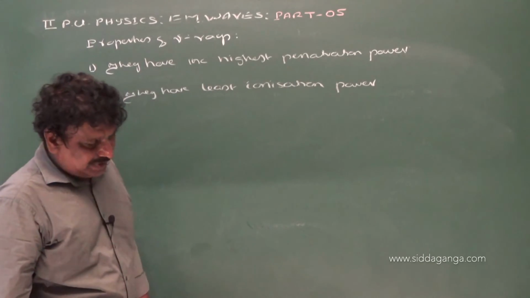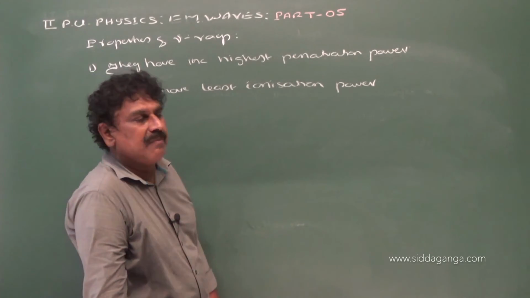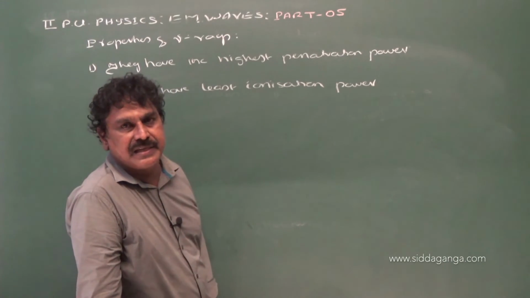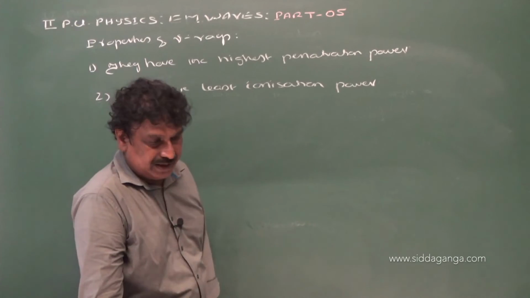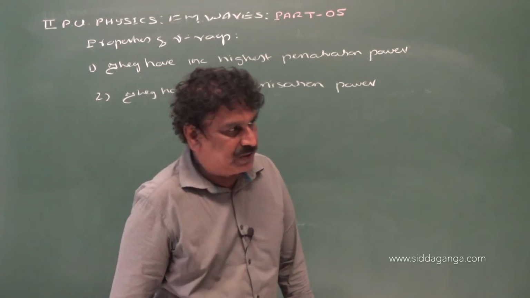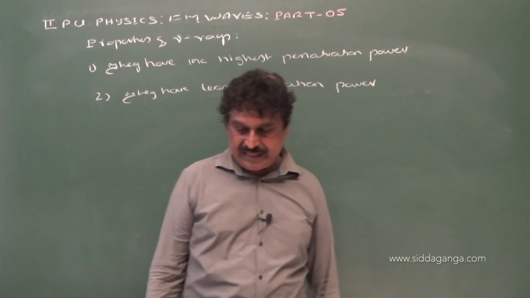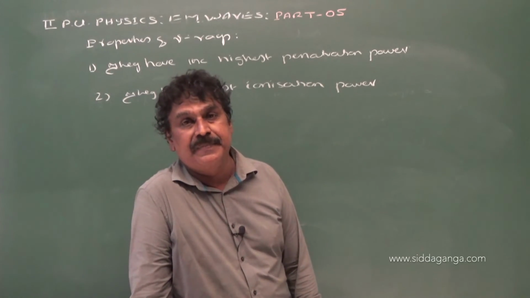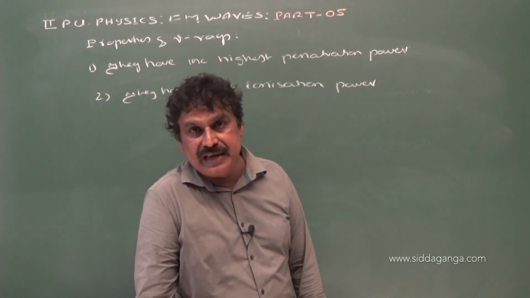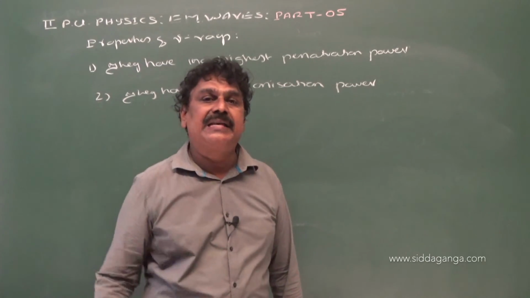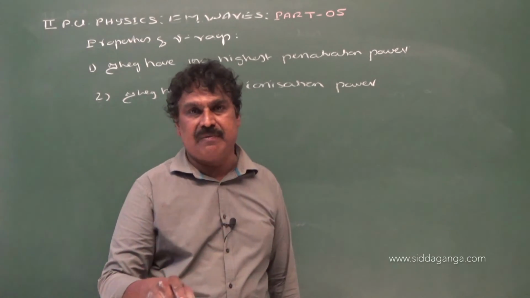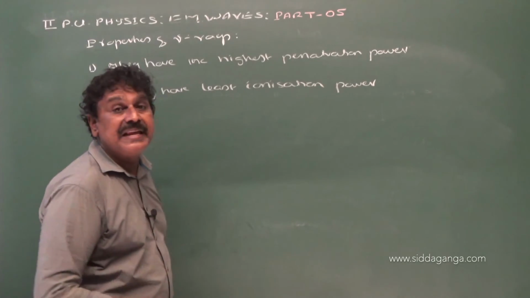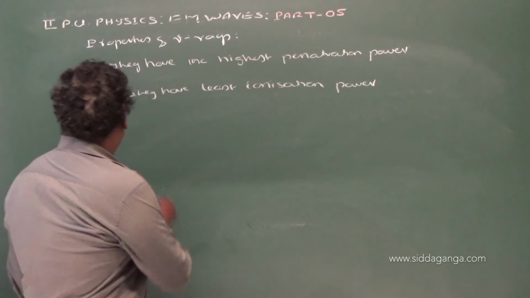When certain radiations like gamma rays, alpha rays, beta rays in radioactivity pass through a gas, they ionize the gas molecules, right? Among these three radiations, gamma ray has the highest penetration power, at the same time the least ionization power.